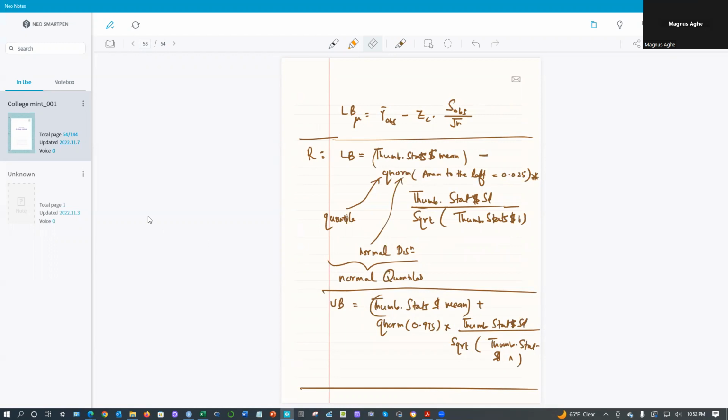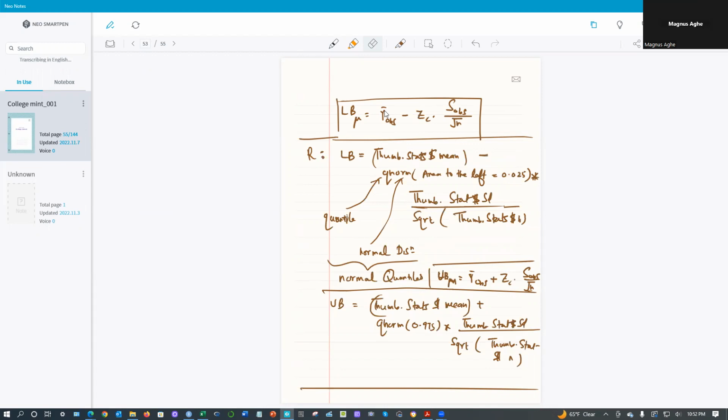Then the upper bound: UB of mu equals y bar plus the observed sampling distribution term.